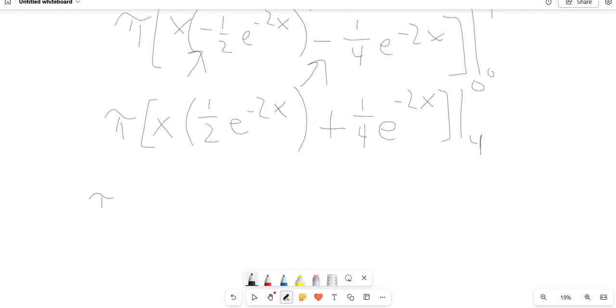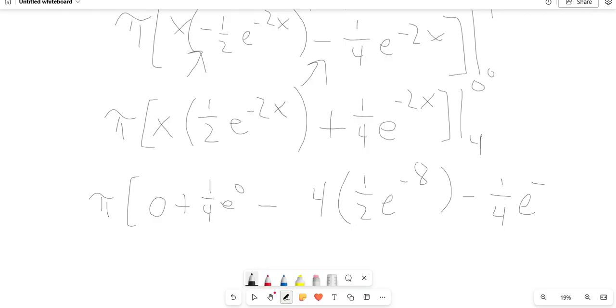So this gives us pi times 0 plus 1/4 e to the 0 minus 4 times 1/2 e to the negative 8 minus 1/4 e to the negative 8.